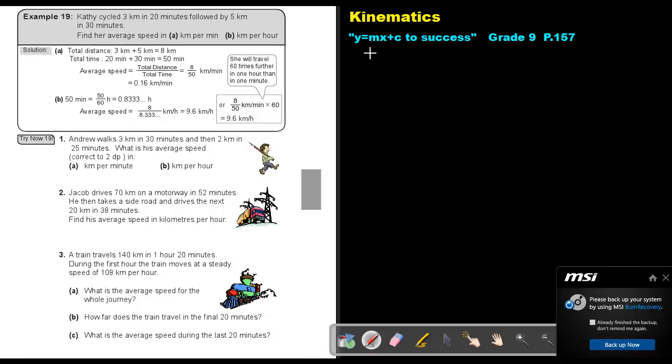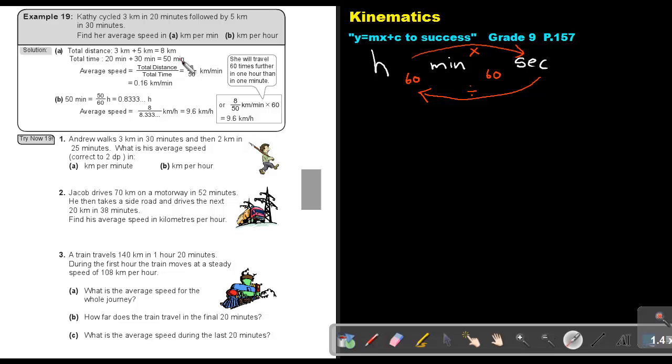Now, remember your table. Hours, minutes, seconds. 1 hour is 60 minutes, 1 minute is 60 seconds. If I go to this side, I multiply, and if I come back, I divide. So the first one, it's kilometers per minute, so that's not a problem.